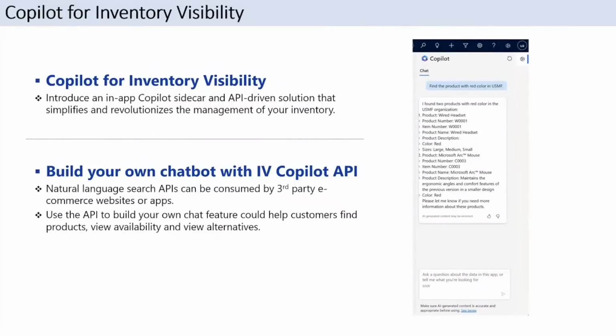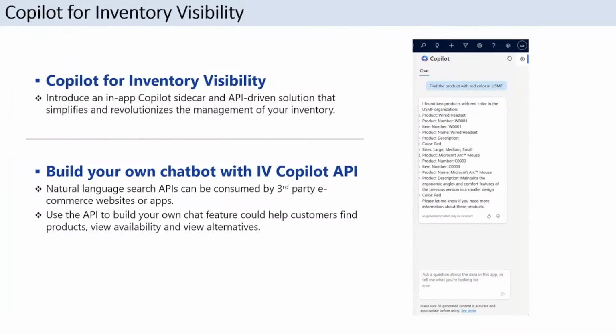In the inventory visibility Power App, the Copilot is naturally embedded in the application. The customer can launch the Copilot sidecar by clicking the sidecar icon in the upper right corner. You can type in any questions relevant to product and inventory and get an instant response from the Copilot.